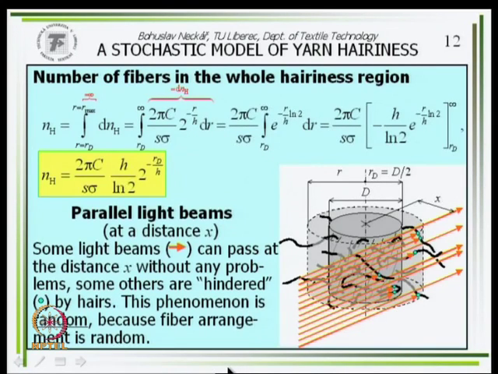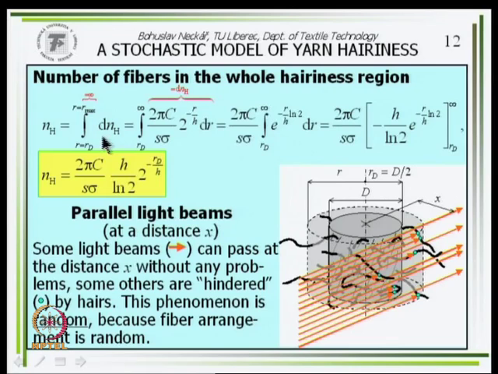Well, the total number of whole fibers in the yarn cross section, but only in the sphere of hairiness, is Nh, which is the integral from r equal rd to now infinity, because r max is now infinity.